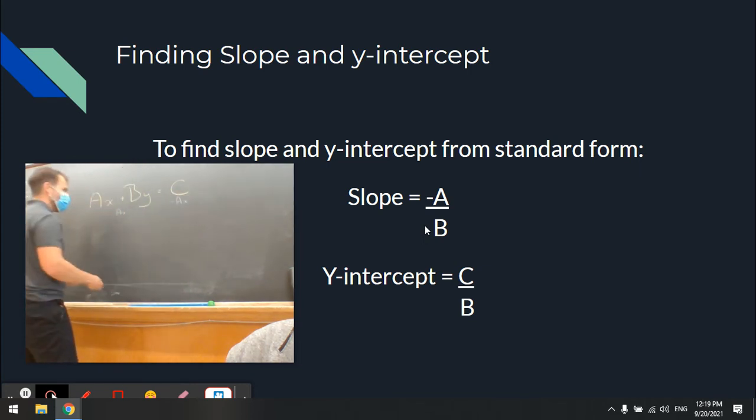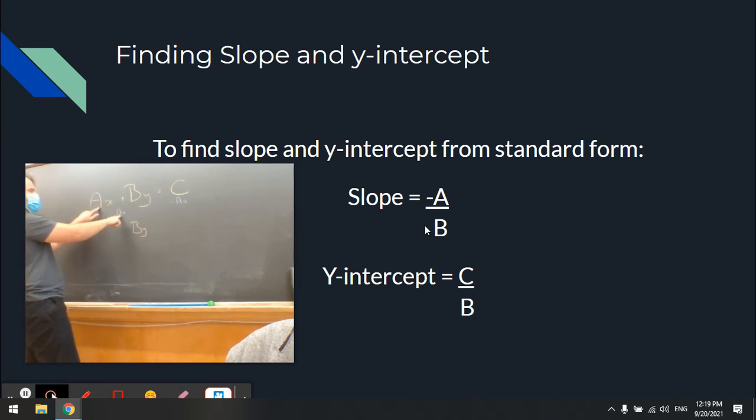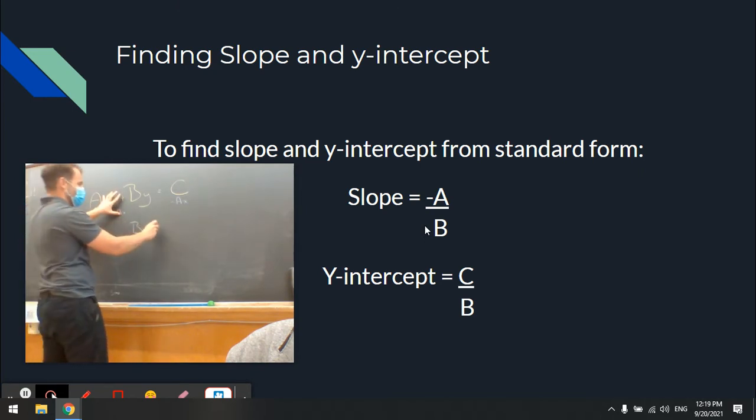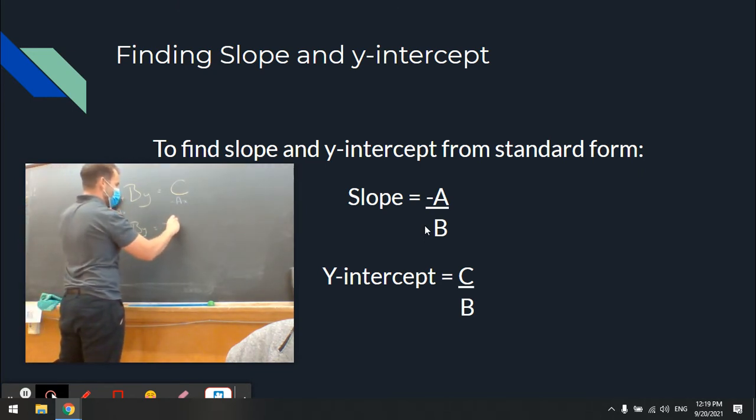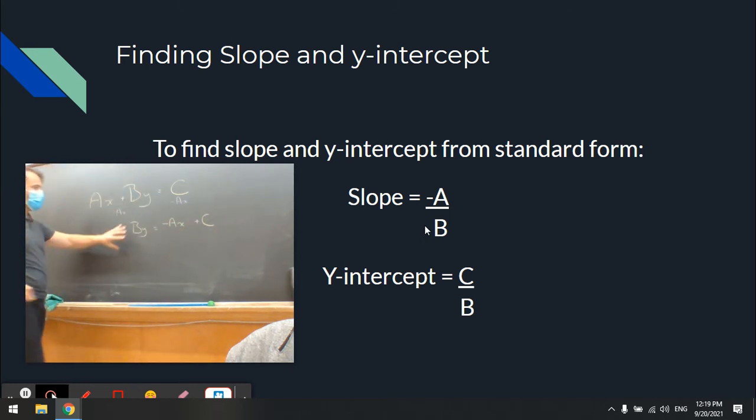Okay? So that will give me a new line that's by. Ax minus ax is 0, so I don't have that anymore. I just have by on this side, is equal to negative a multiplied by x plus c. Now, when I look at this, I didn't want by, I wanted just y all on its own. So my inverse operation, I see I'm multiplying by b.